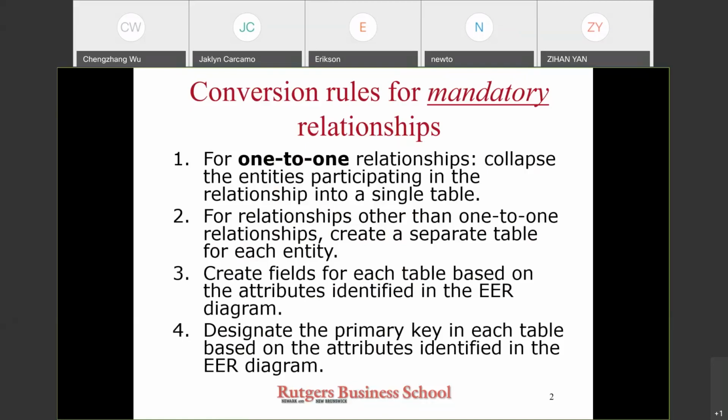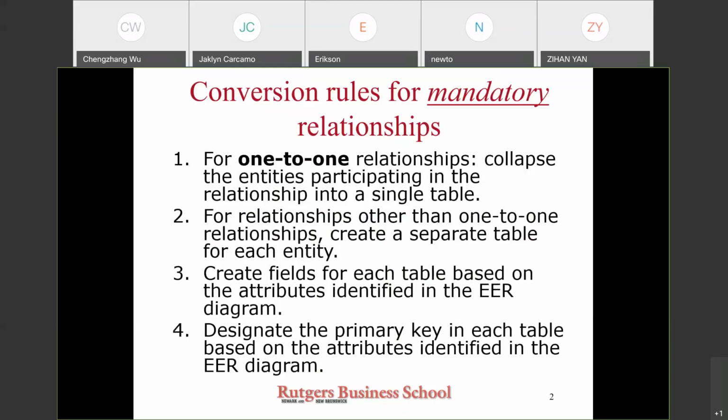When you look at the ER diagram and convert it into the tables, the first thing you need to look at is the optionality of relationships. And the second thing you need to look at is the cardinality of relationships.